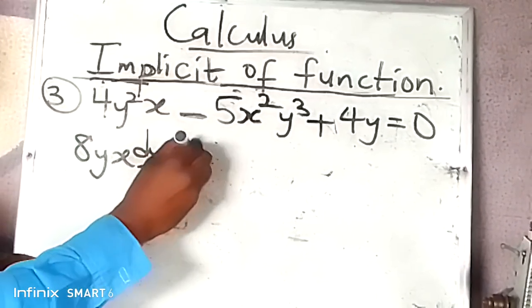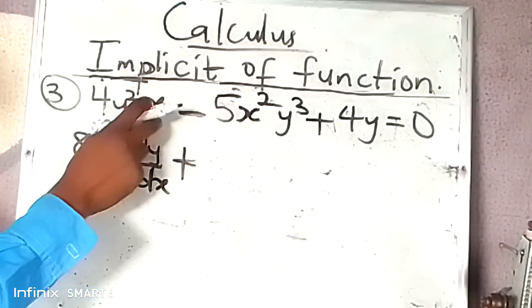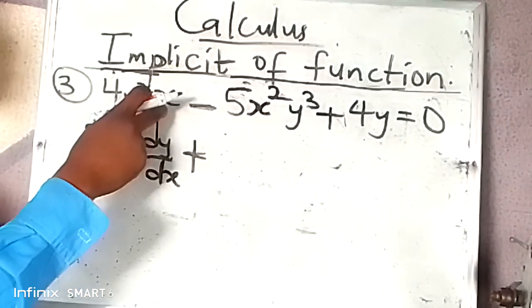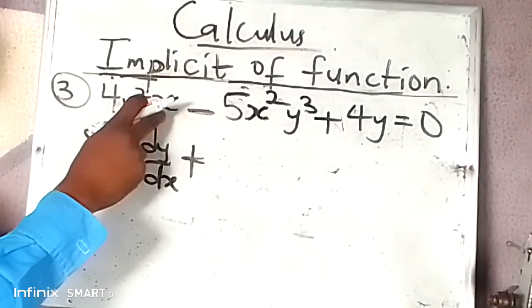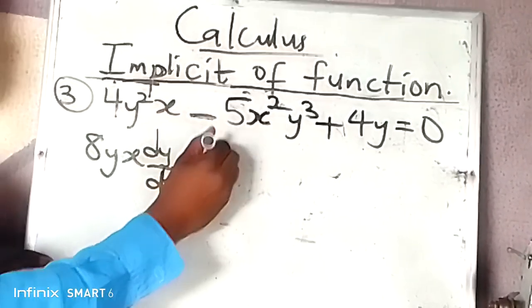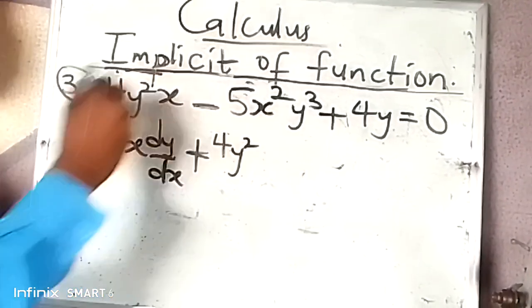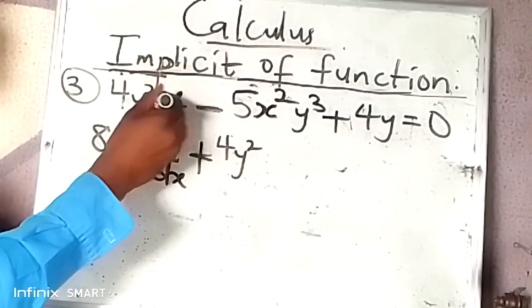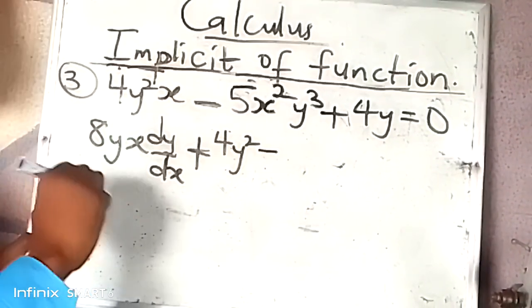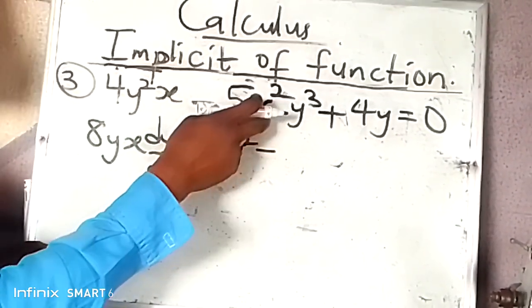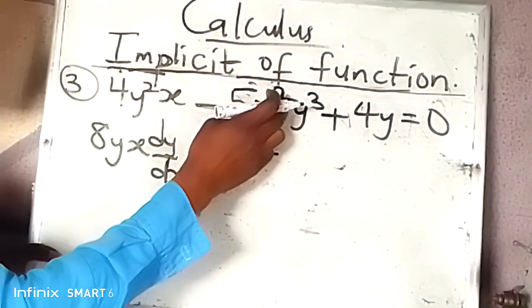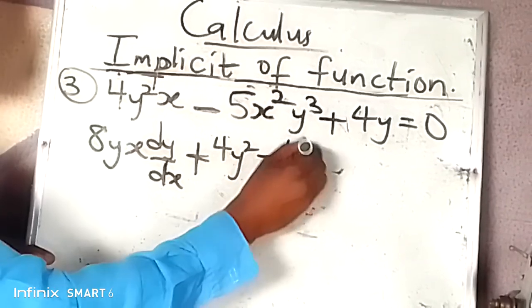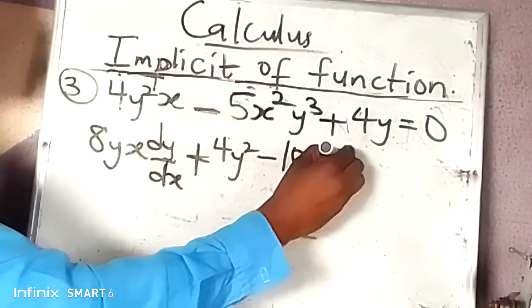Now plus, because we are going to differentiate x also. When you differentiate x here, what is the differentiation of x? That is 1. So we are going to have 4y squared left. You cannot put dy dx there because I differentiate x. Now minus. I want to differentiate x here. Now we have x squared. If I differentiate x squared, it's going to be 10xy cubed.